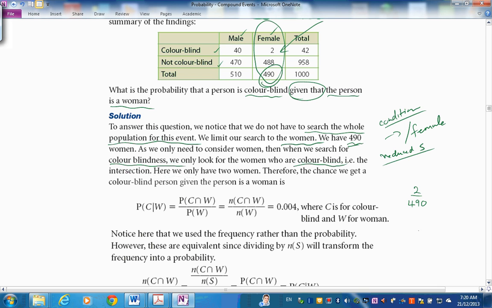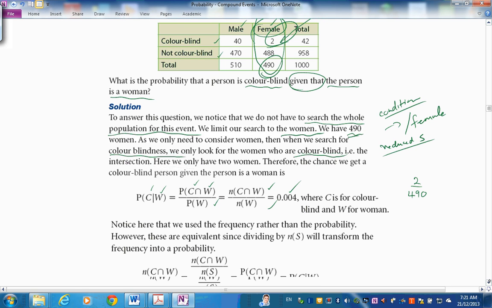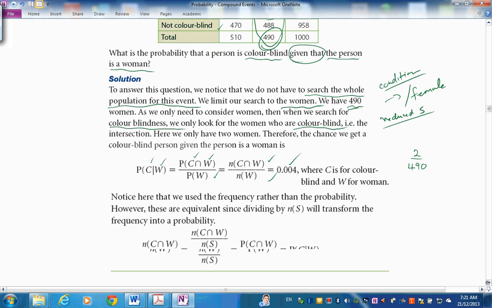Okay, or you could use the rule, colourblind given that it's a woman. Well, I would have called it female because it's entered as female up there. But anyway, it's the probability of colourblind and a woman, which is that 2, divided by the probability of a woman. And that's just the numbers. That's what we were saying before. You can work with probabilities or numbers. This is numbers, back in the other one it was probabilities. Okay, notice that here we use the frequency rather than the probability because that's easier.